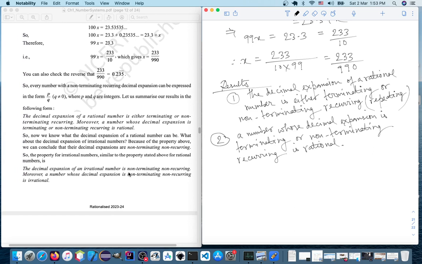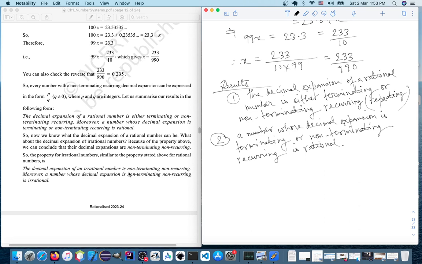So we have studied the decimal expansion of rational numbers. Now, what about the decimal expansion of irrational numbers? It says that we know that the real numbers are formed of only rational and irrational numbers.